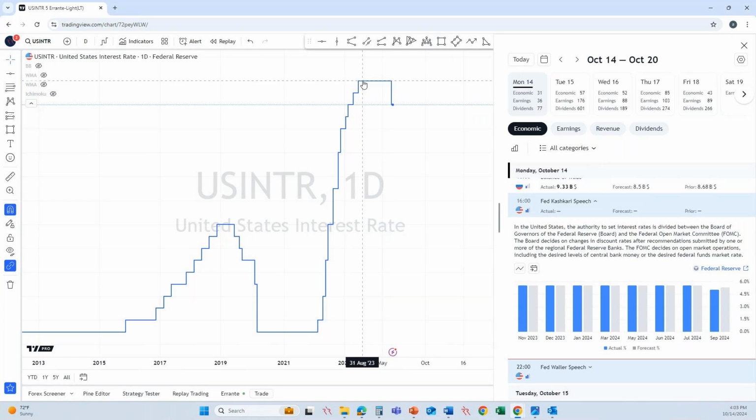So you see, this is a very, very simple way to identify the trend, even for market events, even for those macroeconomic indexes.